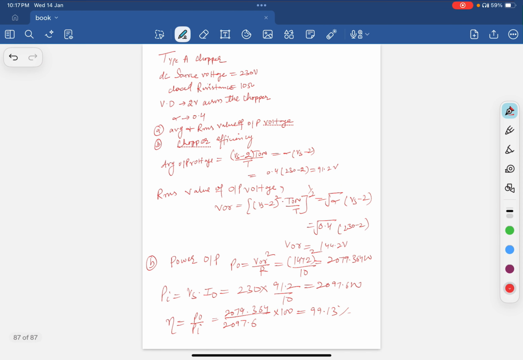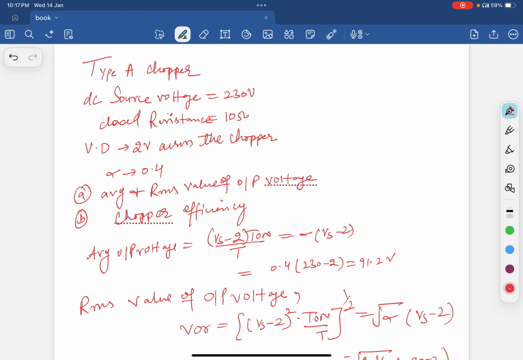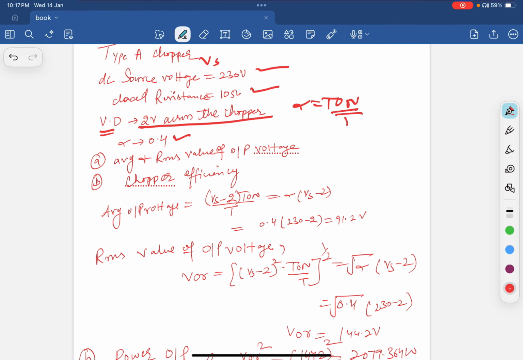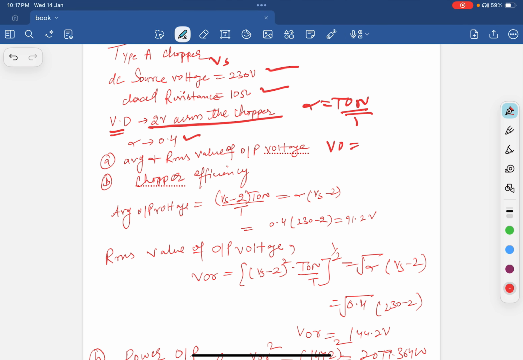As you can see in the numerical, for example, a DC voltage source supply voltage Vs is given as 230, the load resistance is 10 ohm, the voltage drop across the chopper is 2 volt, and alpha, the duty cycle T on upon T, is given as 0.4. How do we calculate the average and RMS value of the output voltage? The average output voltage V naught is equal to alpha times Vs, and here a drop of 2 volt is given, so alpha times Vs minus 2.